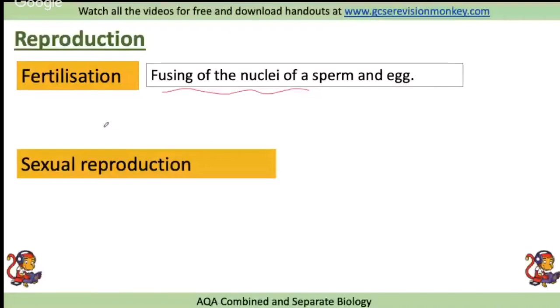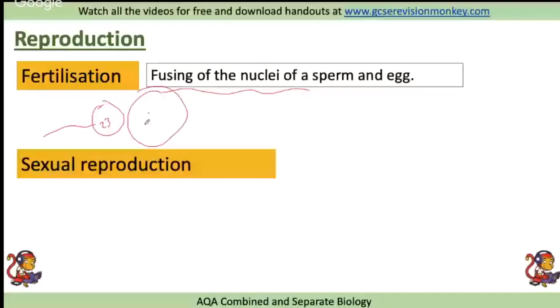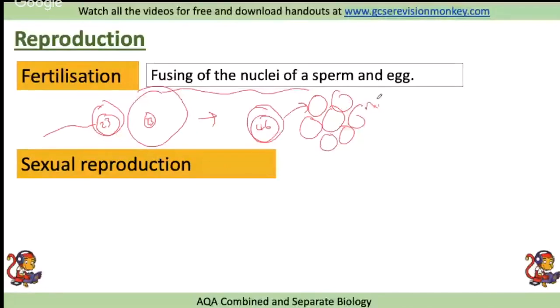So when a sperm, for example in a human with its 23 chromosomes, fuses with the nuclei of an egg with 23 chromosomes, they will make a fertilized cell with 46 chromosomes. That will then start to divide by mitosis to make an embryo. So mitosis when it's growing into an embryo. Meiosis when it's to make these first of all.